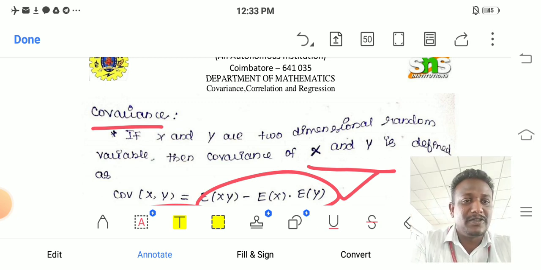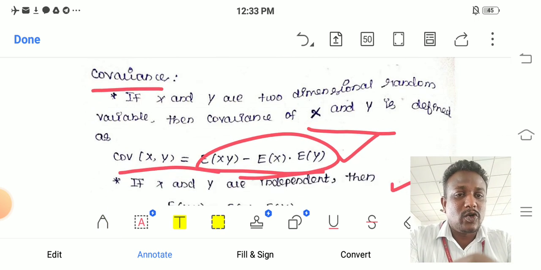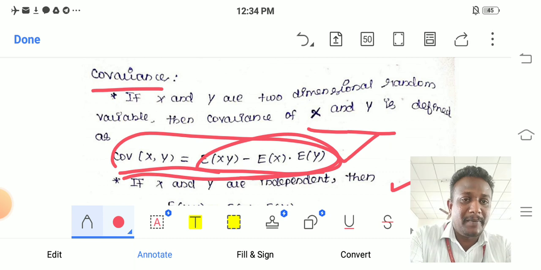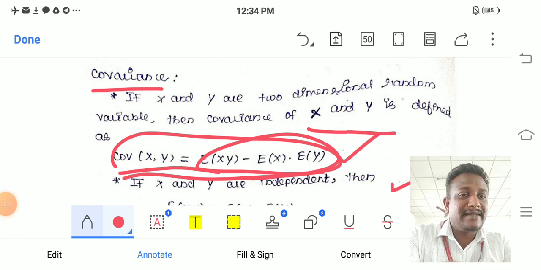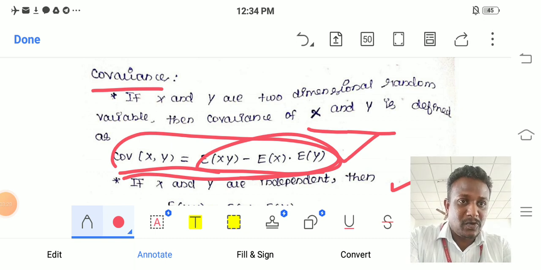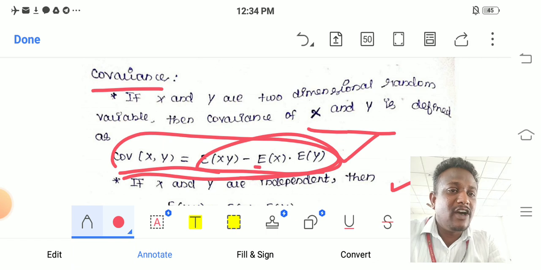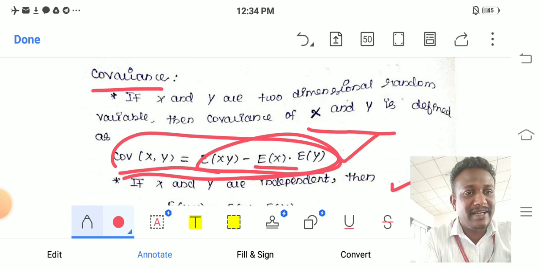Okay, so now the covariance formula, which is covariance of x comma y is equal to E of xy, that means expectation of xy, the mean value of xy, minus E of x dot E of y, that means mean value of x dot mean value of y.